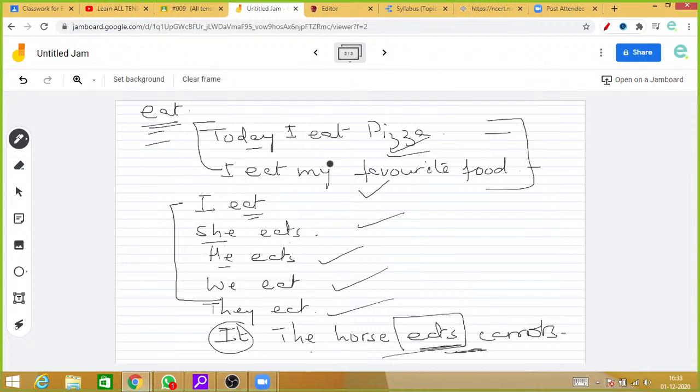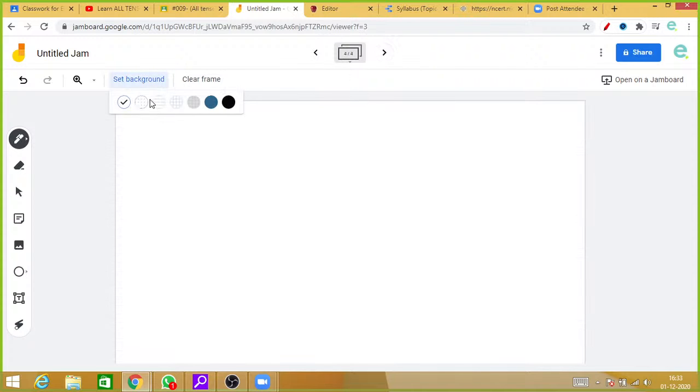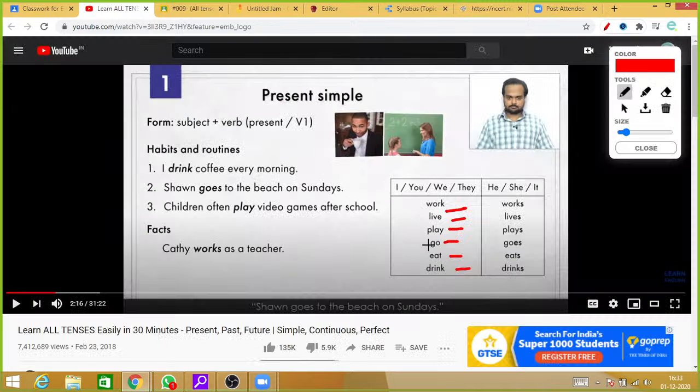So now, I want you to write sentences. Let me give you words on which you have to write sentences. Otherwise, you won't. Write sentences on this only: work, live, play, go, eat, drink. Okay? 1, 2, 3, 4, 5, 6. Just 6 sentences in simple present tense.